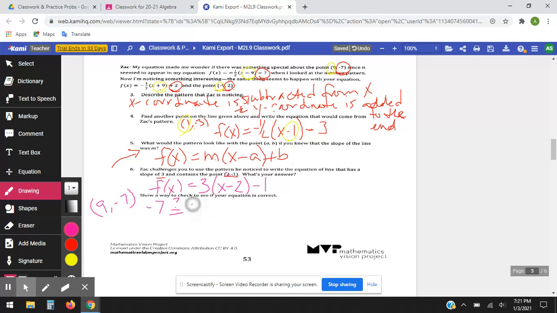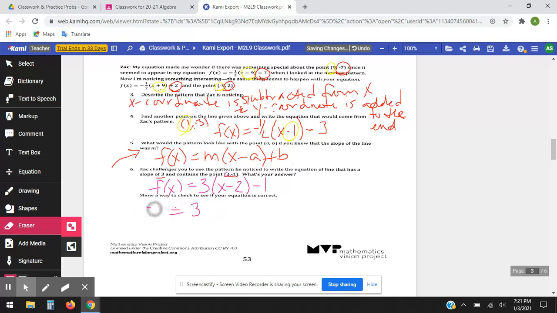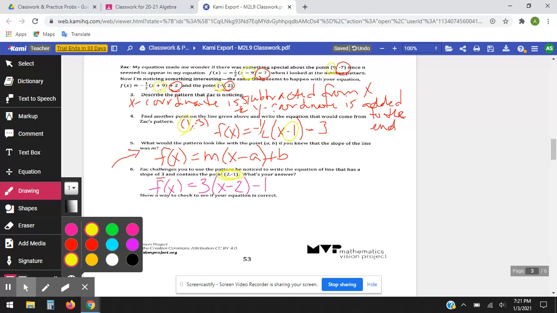Does it equal 3 times... oh wait a minute, I can't use that point because that's from a different line. Good thing I caught myself on that. Let's use our original point right here, 2, negative 1. Let's go ahead and use this guy to check.